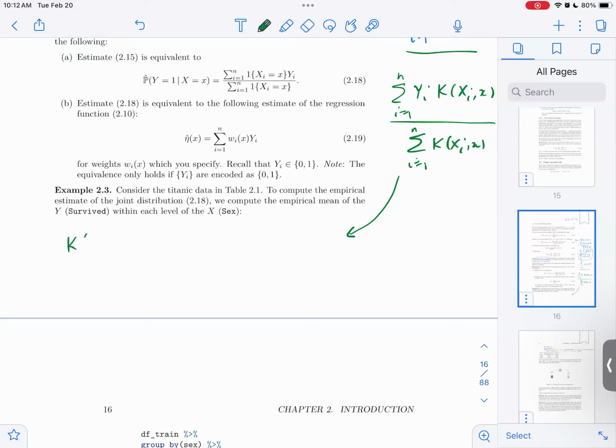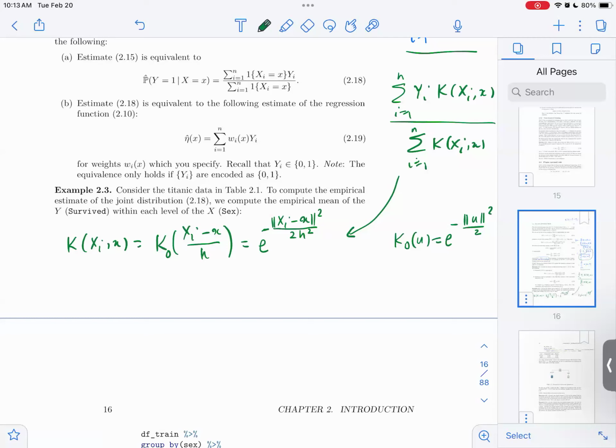One way of defining the similarity is via a translation invariant kernel, where I have a base kernel K and then I apply it to (xi minus x) divided by h. In the case of the Gaussian, it would be the Gaussian kernel, with either 2h squared or h squared in the denominator. So if my base kernel is e to the negative u squared over 2, I get something like that.